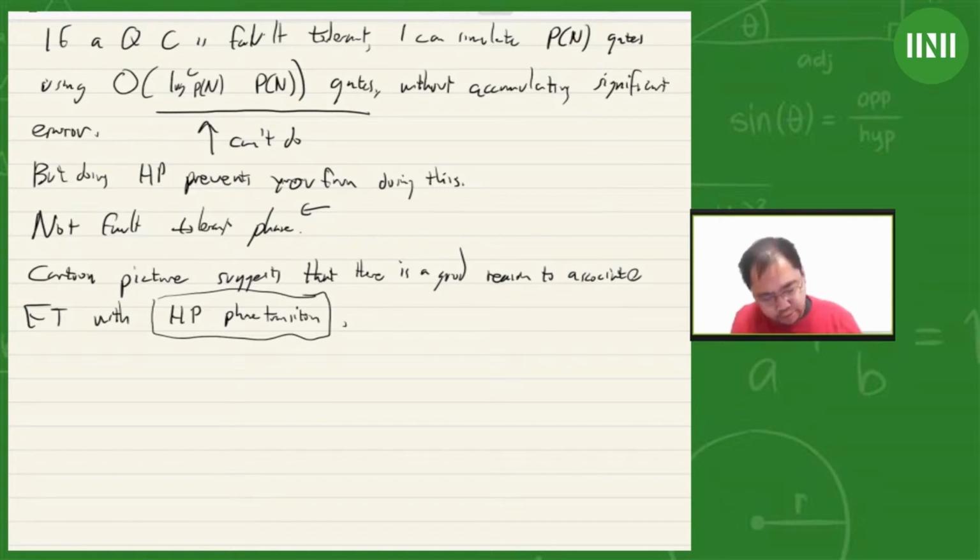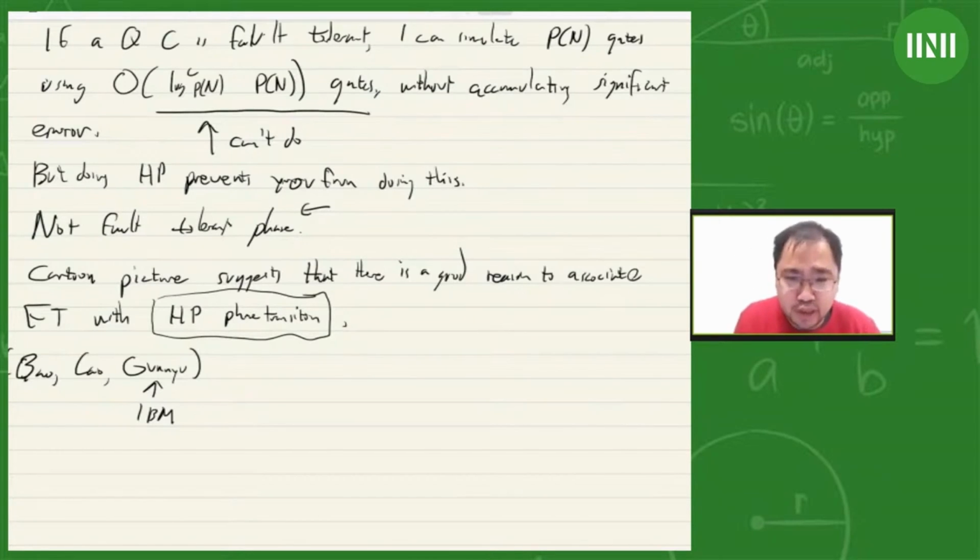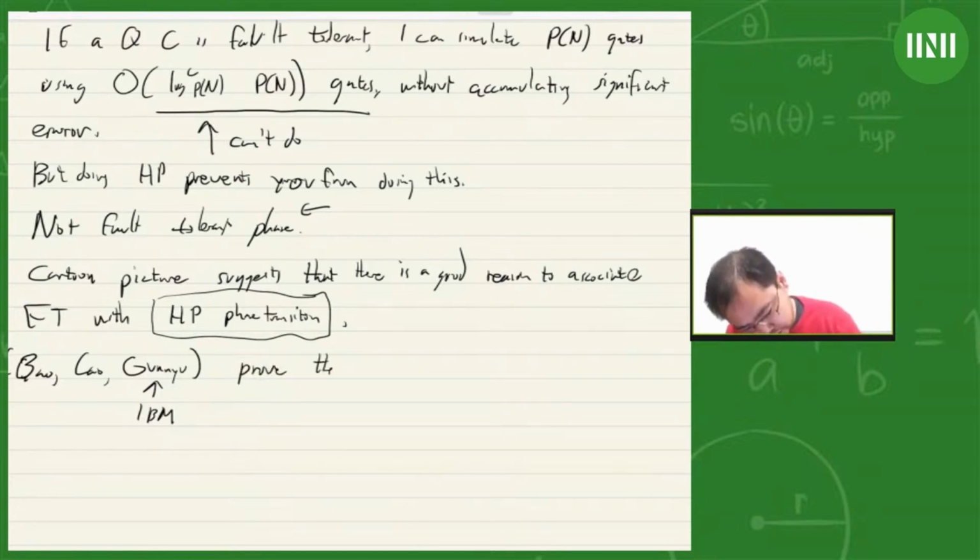Okay, so the main thrust of the work that I did with Charles and Guan Yu, of note, Guan Yu is at IBM, so it's funny that he had to write a paper on black holes, but he cared about it, so he did. You can prove the statement that below the Hawking-Page phase transition, you're in a fault-tolerant phase using CFT calculations in certain limits.